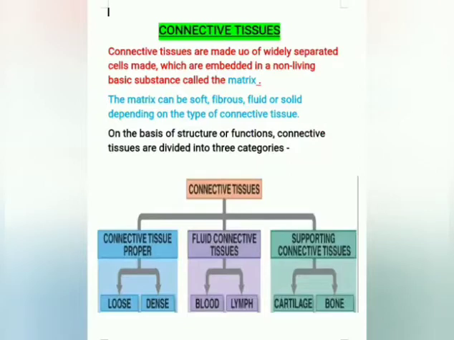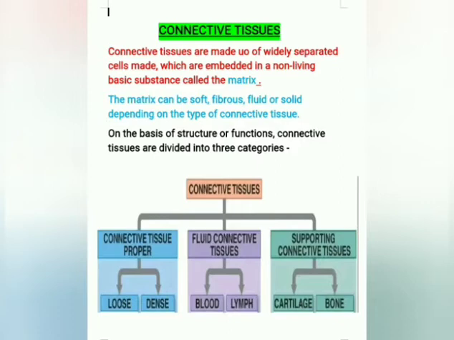As the name implies, connective tissues are specialized for connecting the various tissues and organs together. The cells of connective tissue contain a large amount of intercellular substance called matrix. On the basis of structure or function, connective tissues are divided into three categories: connective tissue proper, fluid connective tissue, and supporting connective tissue.